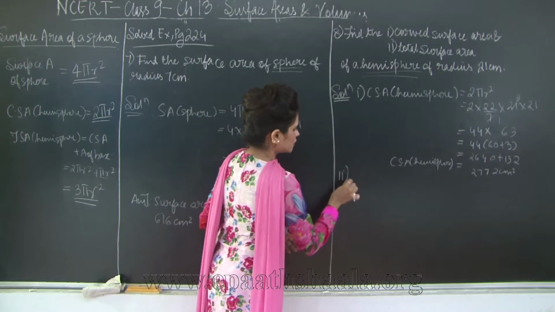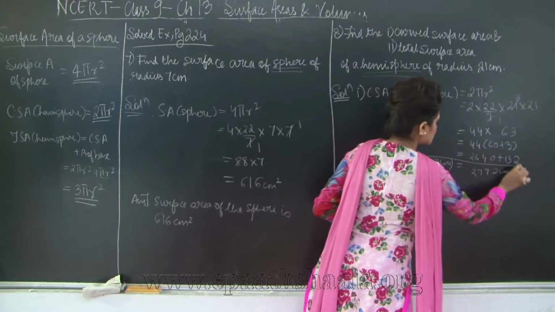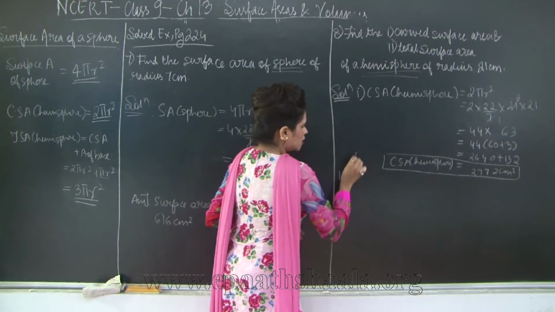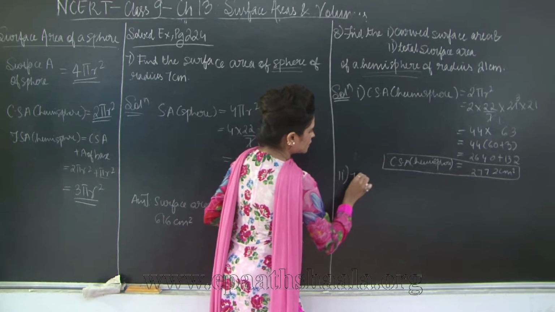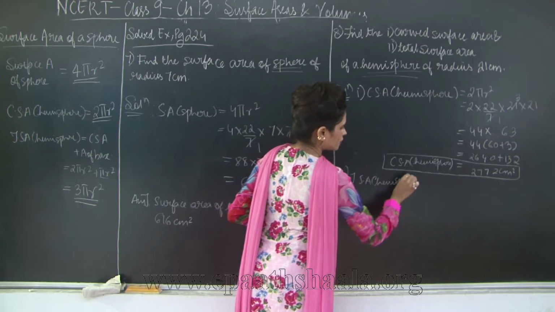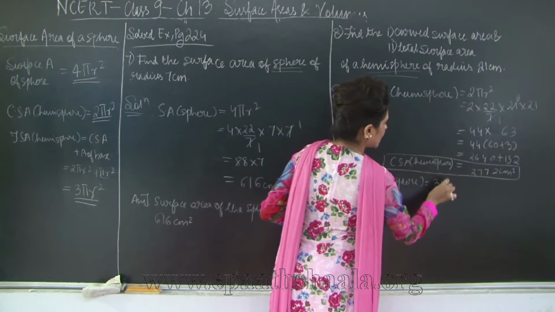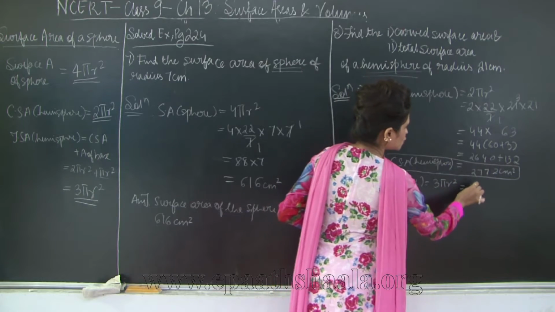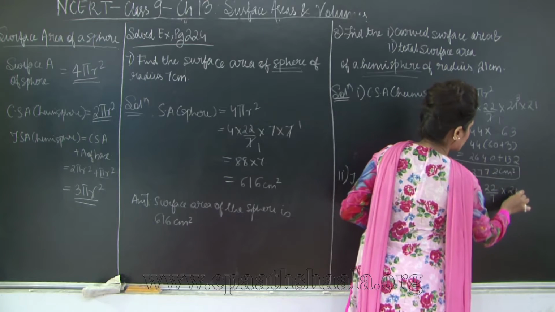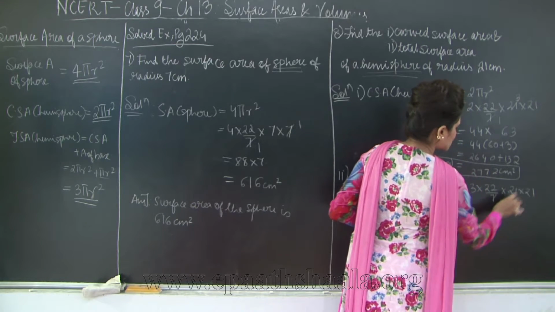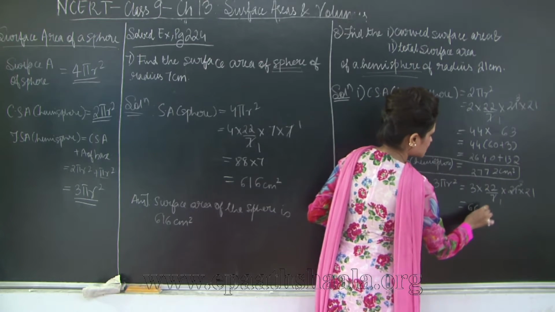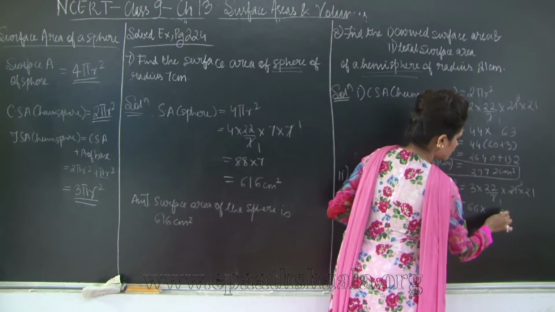So I'll say, let's just bulk these terms because we may run out of space. Total surface area of hemisphere is equal to 3 pi r square, which is equal to 3 into 22 by 7 into 21 into 21. So 7 ones are 7, 7 threes are 21. So this is going to be 66 into 3 ones are 3, 3 twos are 6.